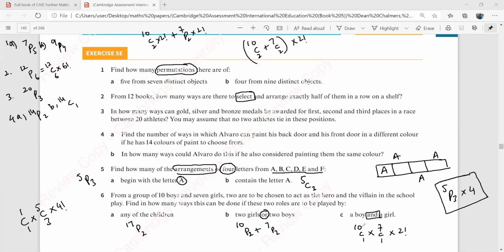So first of all, you have to choose a boy and a girl, and then you can give them the role. So this is 10C1 times 7C1 times 2 factorial.